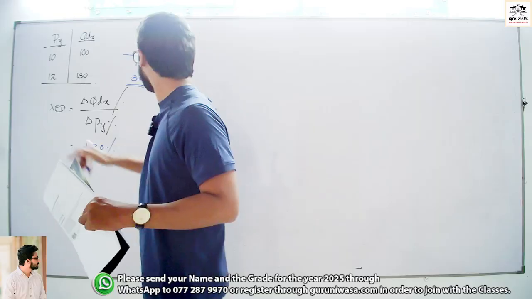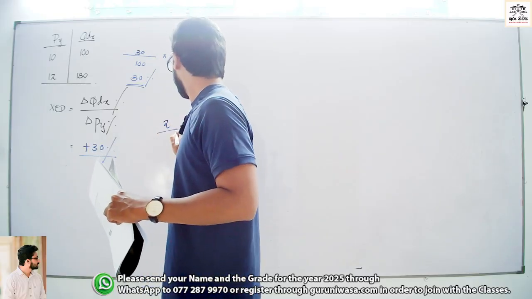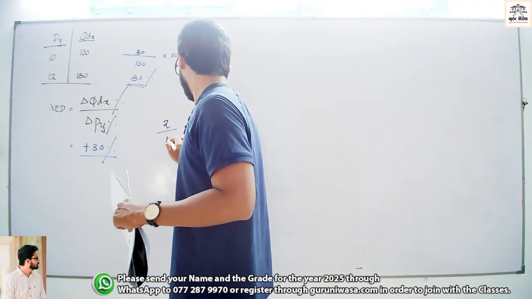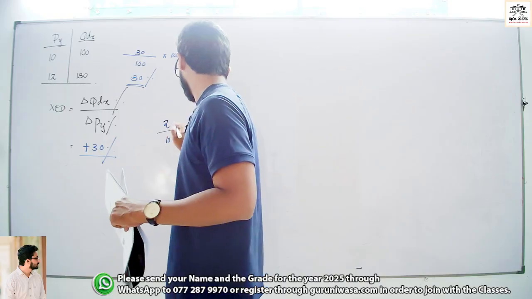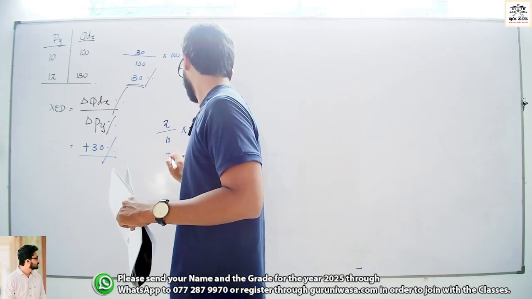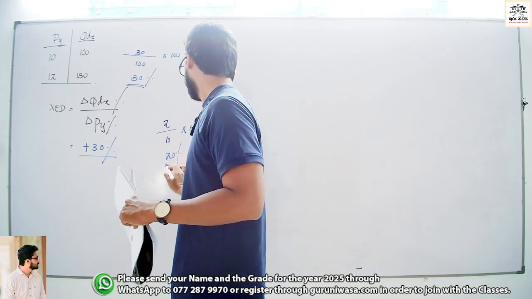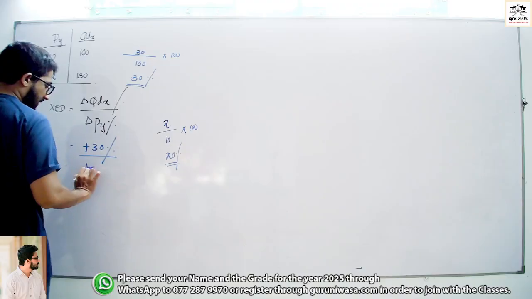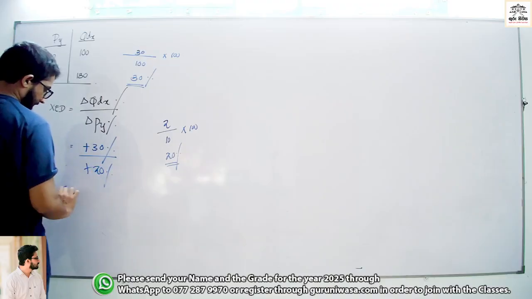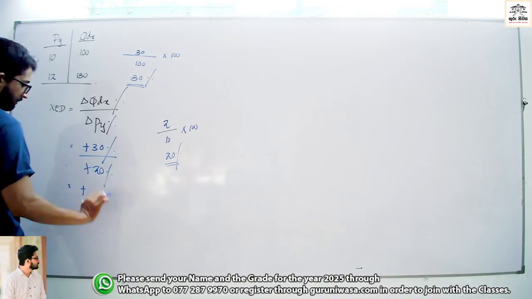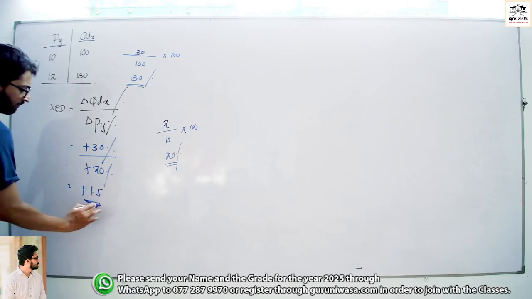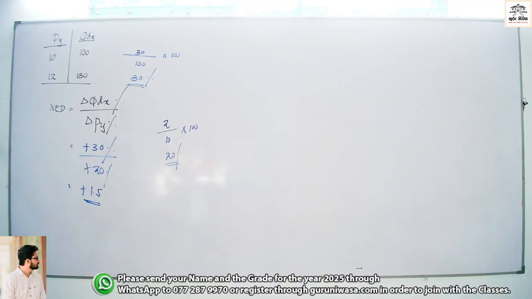Take the difference, 2, divided by original price 10, into 100. How much is the value? 20%. Plus or minus, has the price increased or decreased? Increased. So this value should be positive, XCD value should be positive. How much? It is 1.5. Isn't it, Lamai?